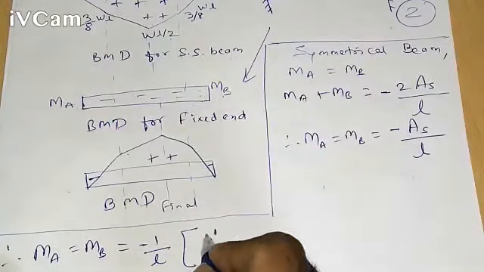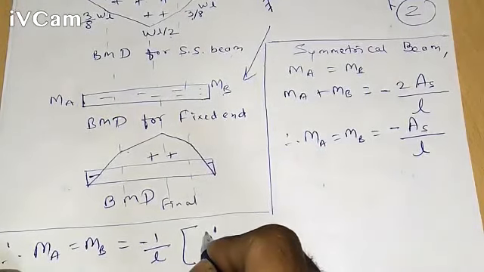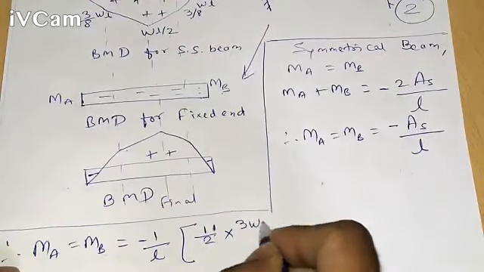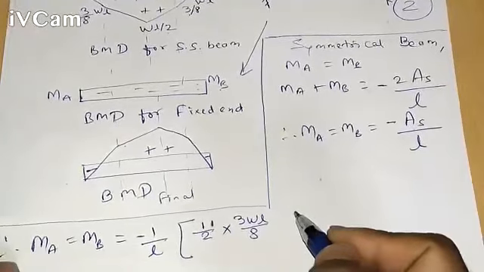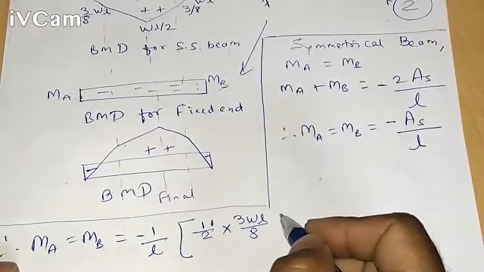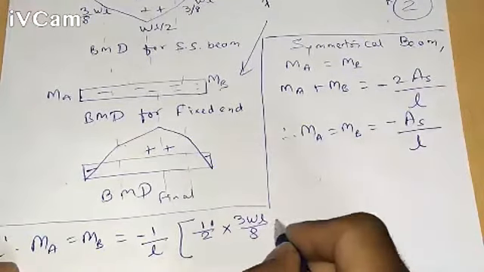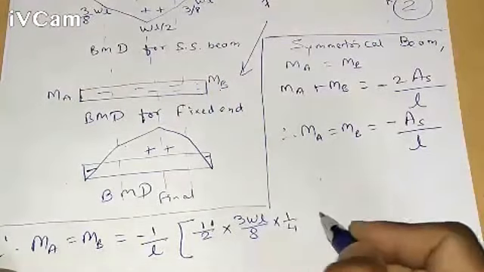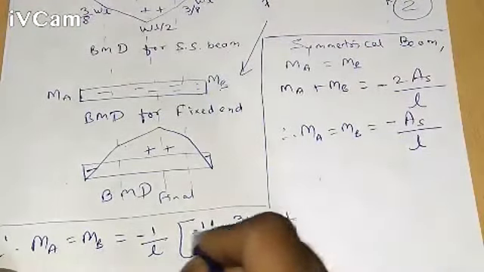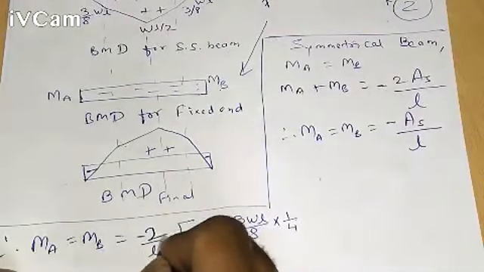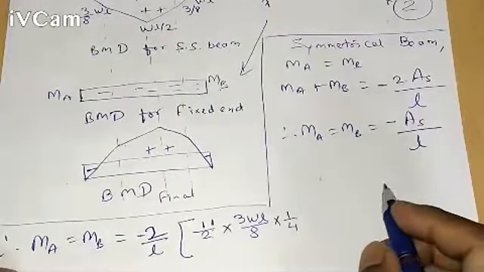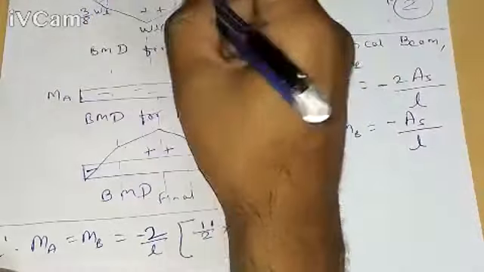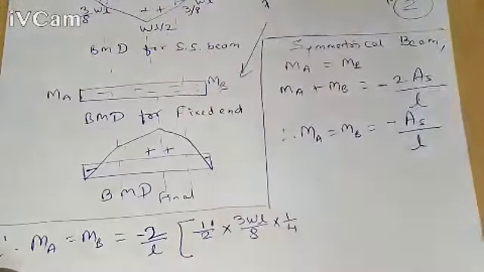So first of all, the triangle part would be half into base, that is 3 by 8 WL, half base into height. Height is going to be 1 by 4, and if you multiply it by 2, it means that we are going to multiply for case 1, and again the same would be for case 2.